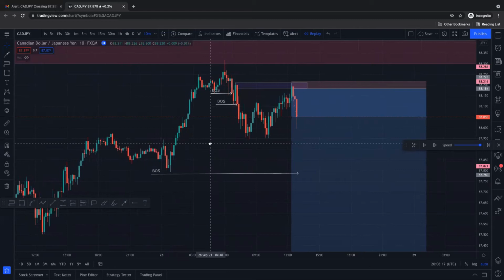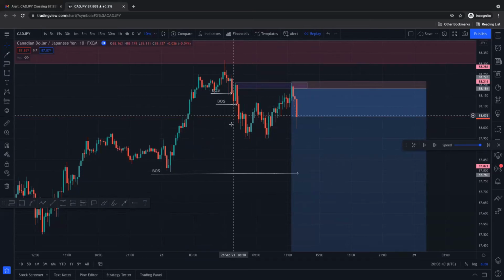So what you see here, when price was approaching my zone, my alarm got triggered, right? When I saw it, this is the last low which made this high, and this broke the structure. So we got one break over here, then a pullback, and again another break, right?